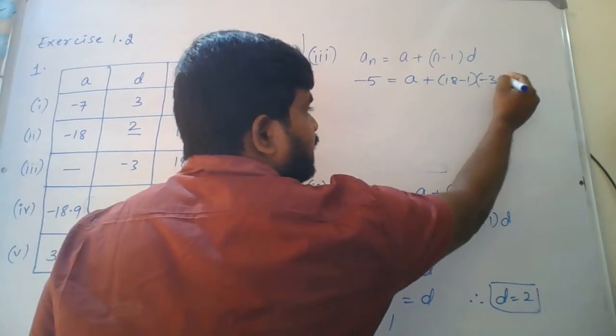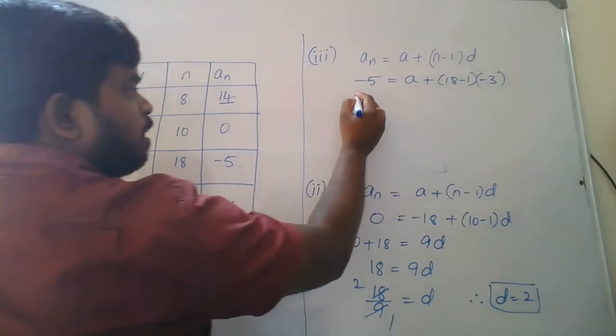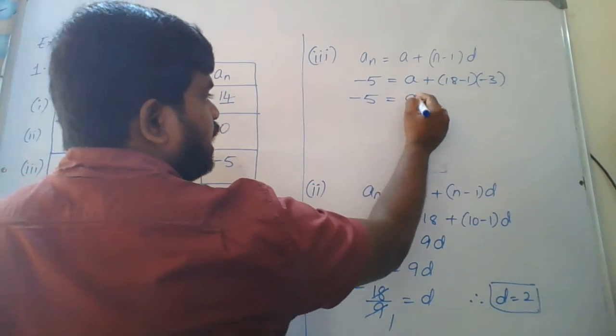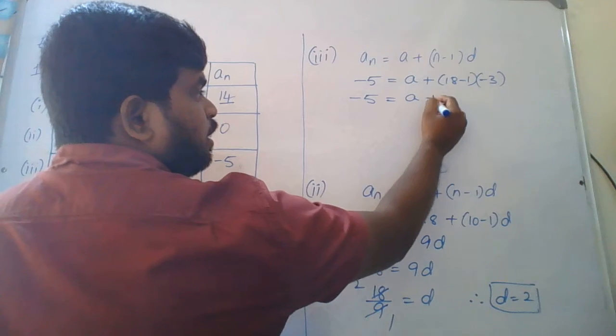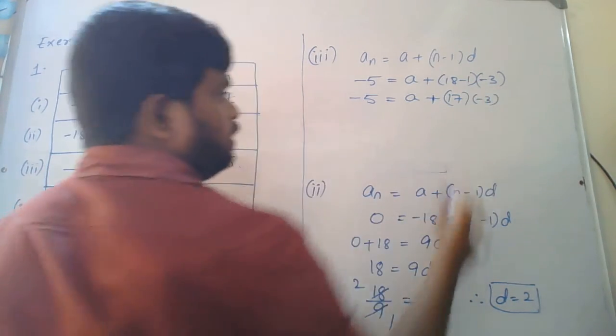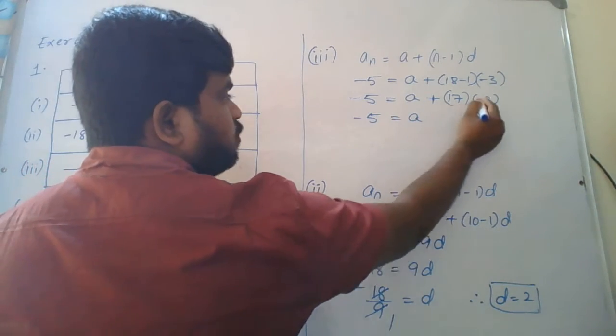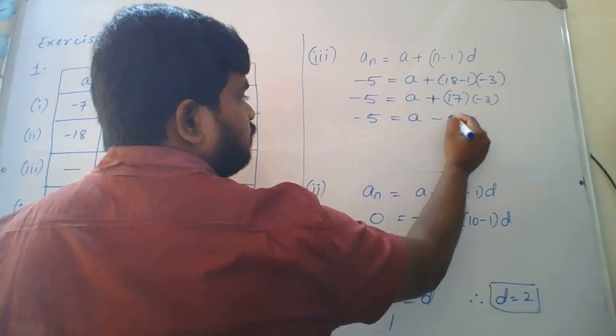So whenever D is negative, put a bracket. Now it becomes multiplication. -5 equals A plus (18 minus 1) is 17 into -3. Now -5 equals A plus, minus into plus is minus, 17 threes are 51.